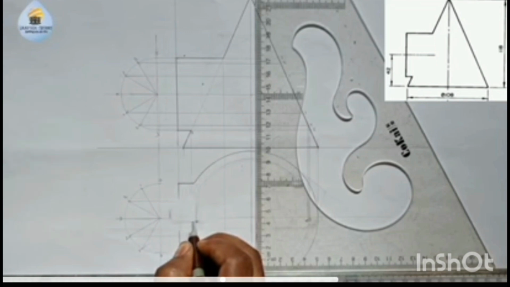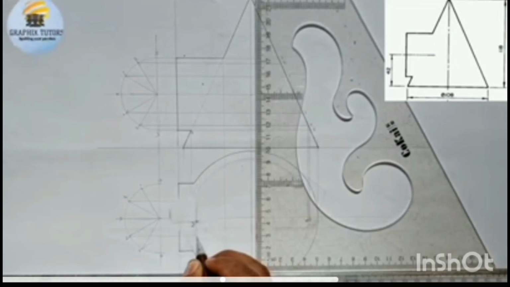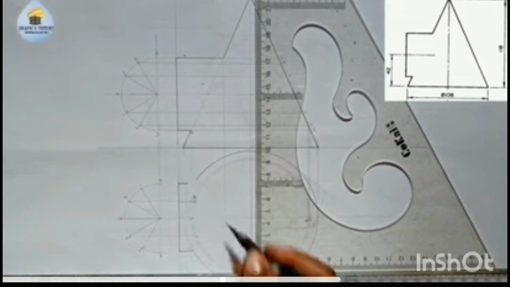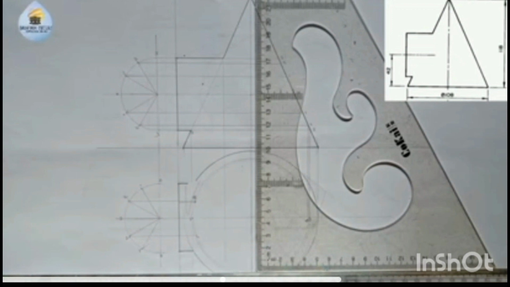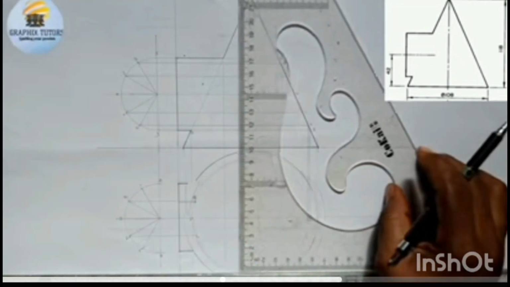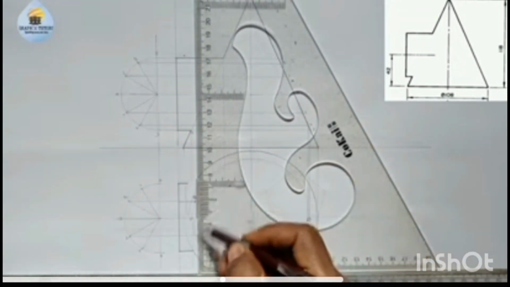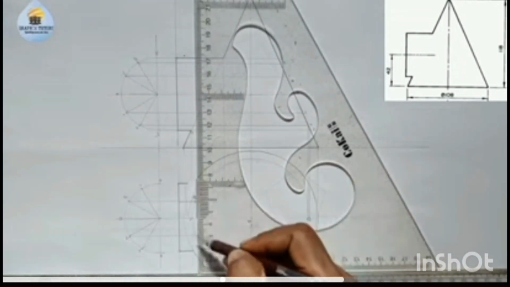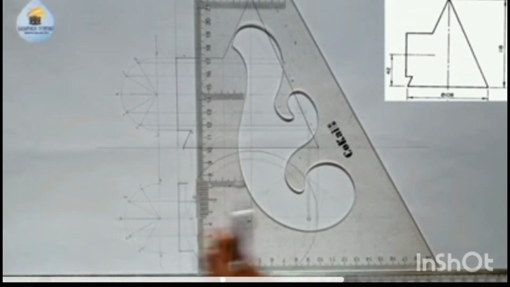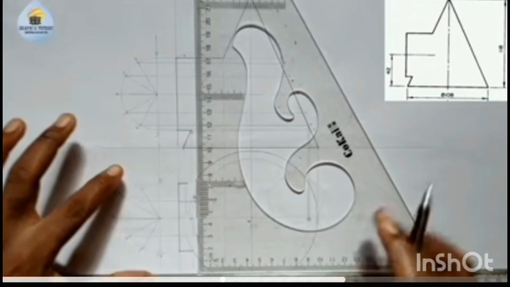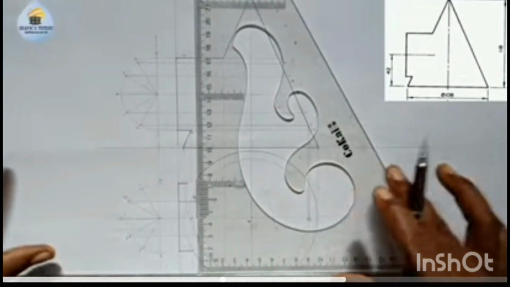So this is 0.3. This is 0.2. And this is another 0.2. You don't have to label this, I'm just labeling it to give you a better understanding. Now that 0.2, I'm going to project it up. Again, you realize they are the same line because they have the same center. Both the cylinder and the cone on the plan are centrally together.